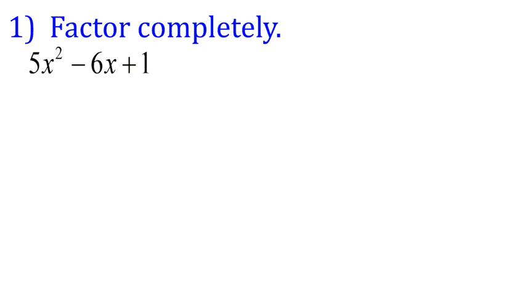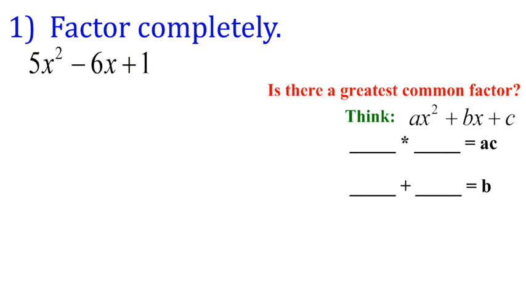So let's take another one. Here, let's look at 5x squared minus 6x plus 1, and we want to factor that completely. Again, the steps you want to ask yourself is, by looking at the terms, do we have any greatest common factors? And again, we look at each of these and see that they have nothing in common to divide out, so we go to the next step. We're going to think about our product and sum rule.